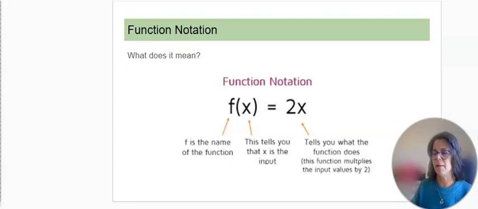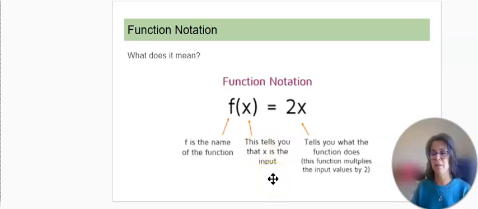So what does it mean? F, in this case, is the name of the function. It is often f, g, or h, but it could use any letter except for whatever the variable is being used in the equation. Normally that's x. The letter in the parentheses, again usually x, tells you what the input is.